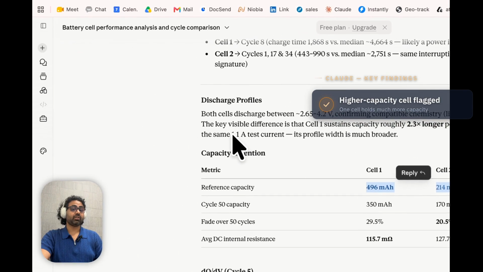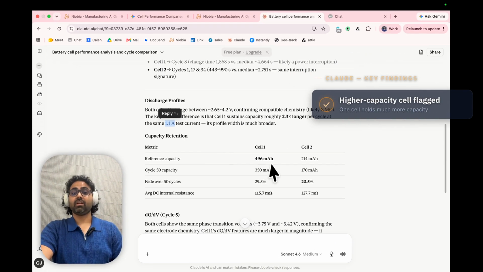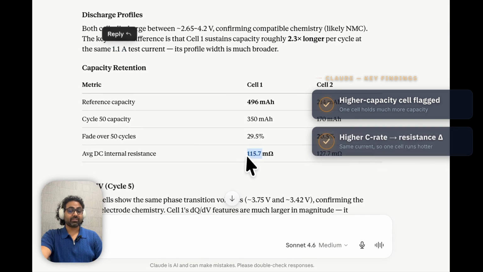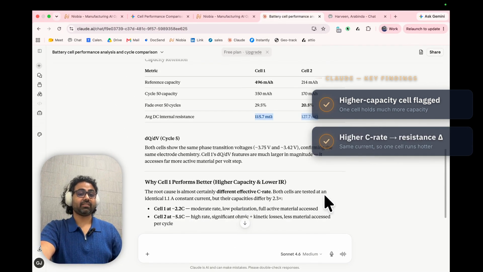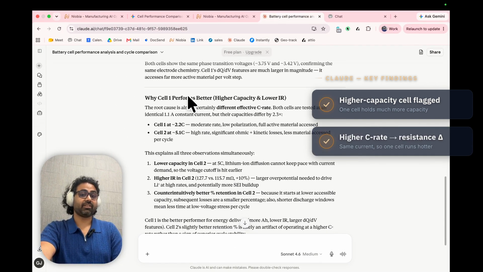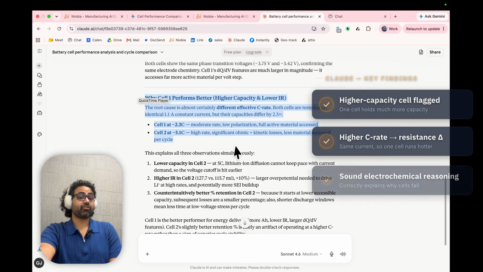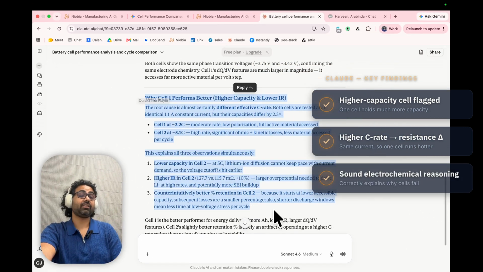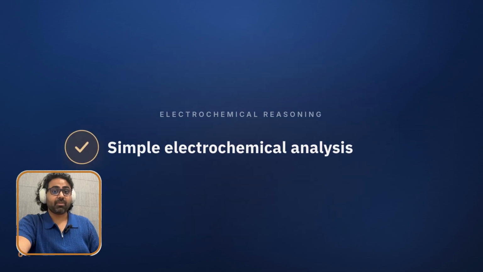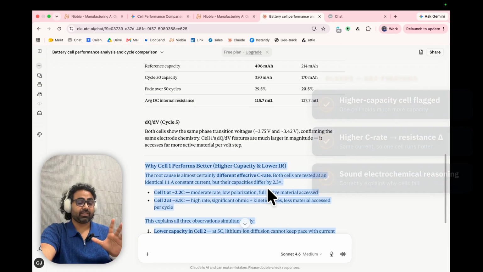Since we are using the same current on both of them, we automatically are charging one cell at a much higher C rate than the other, leading to the resistance differences as well, and that is the key reason the cells are failing. So it was actually good in the electrochemical reasoning around why the cells are failing. Yeah, so I'm happy with the electrochemical analysis.